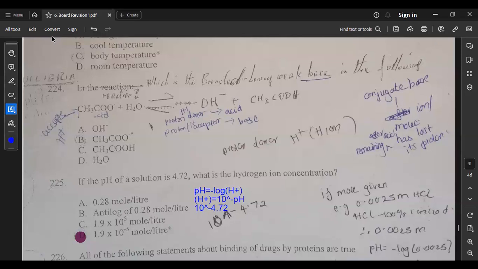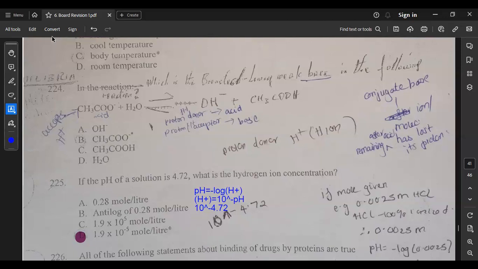And for the base, it donates the electron pair. Okay.